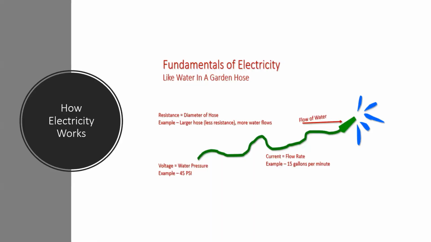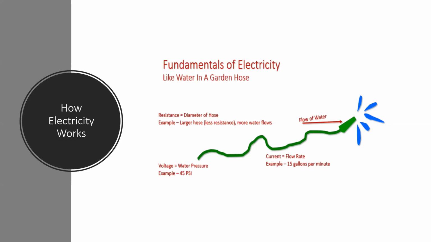How does electricity flow? Electricity flows in the same way as you can see in this example, just like we are watering the plants in the garden. The voltage is how much pressure we are supplying to the plants, the pressure of water, and then how much is the flow rate. For example, in 1 minute, how many gallons or liters are going.